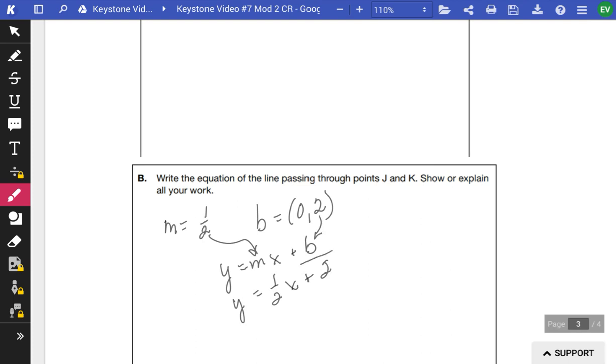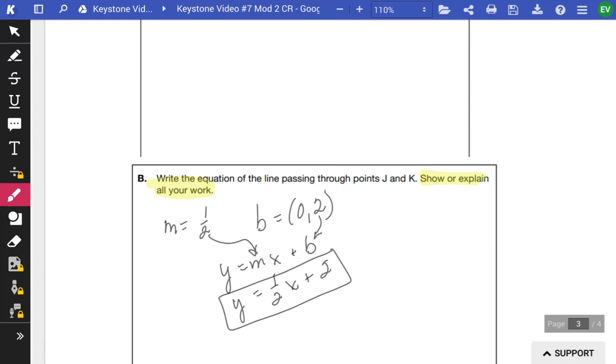Okay? It doesn't say what form of an equation it wants, so you can do this in point slope form or standard form if you're feeling really fancy. But it does, again, say show or explain all your work. So you want to explain enough.